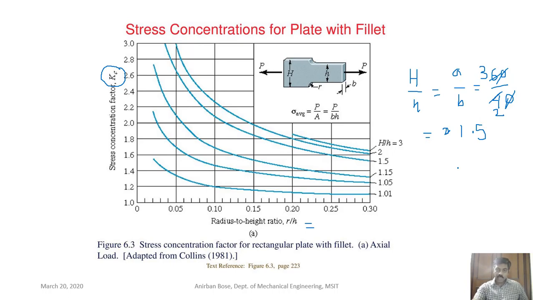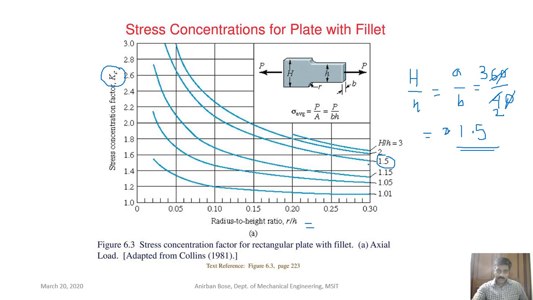Clear? So we have found out what h by h is, that is 1.5. So where is h by h 1.5? This one is 1.5. So we have to consider this curve. This curve corresponds to 1.5.